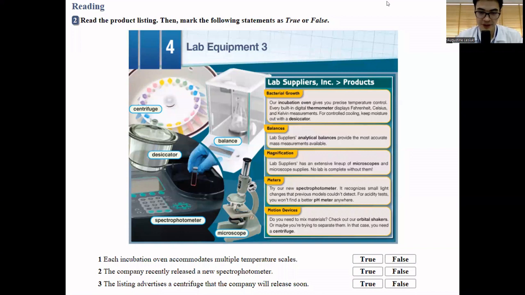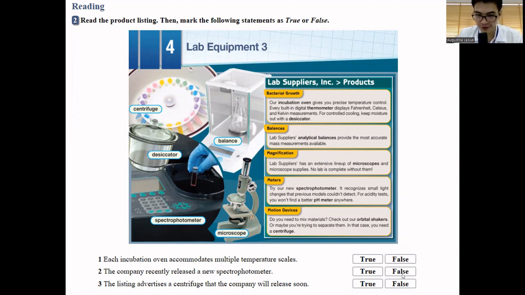For the next warm-up activity, I want you guys to read the following statements and determine whether or not they are true or false based on the passage that we read earlier. All right. So we have these three statements down here. The first one says, each incubation oven accommodates multiple temperature scales. True or false? The company recently released a new spectrophotometer.